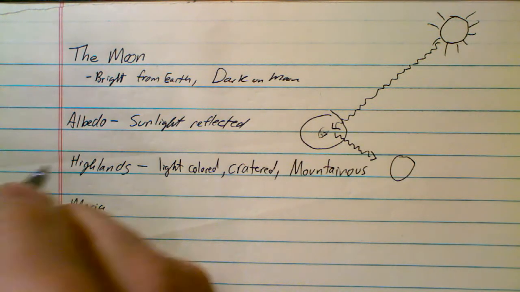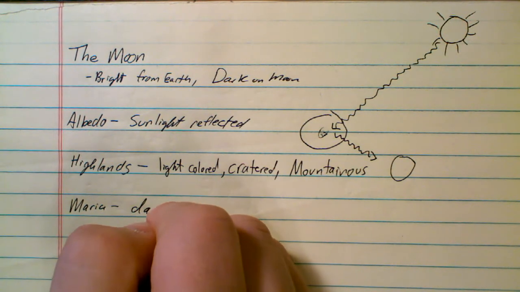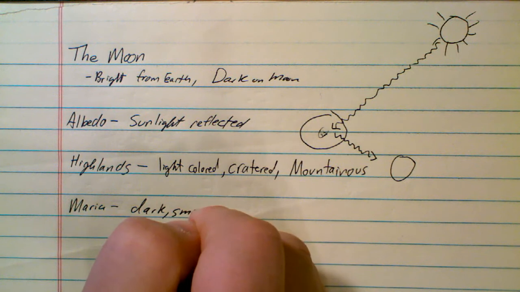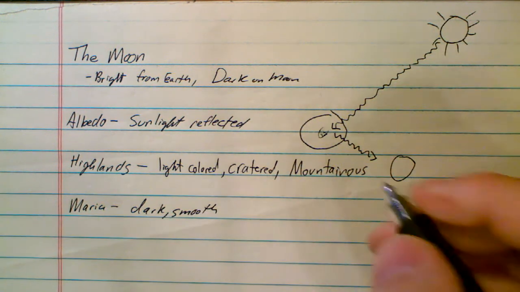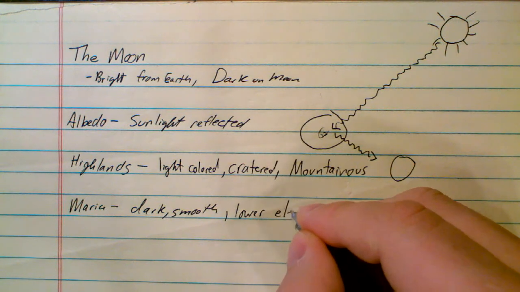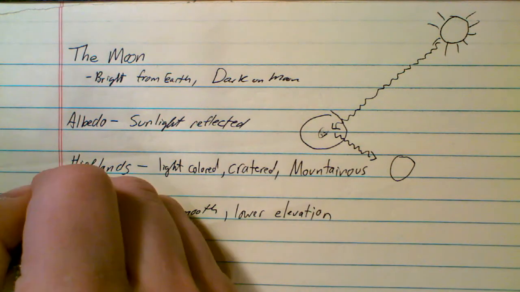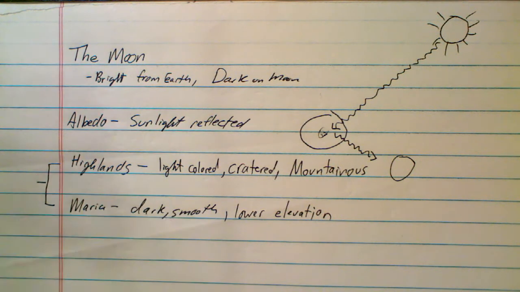Whereas the Maria is dark, smooth, and has a lower elevation. These features actually produce the man on the moon that we all know and love.